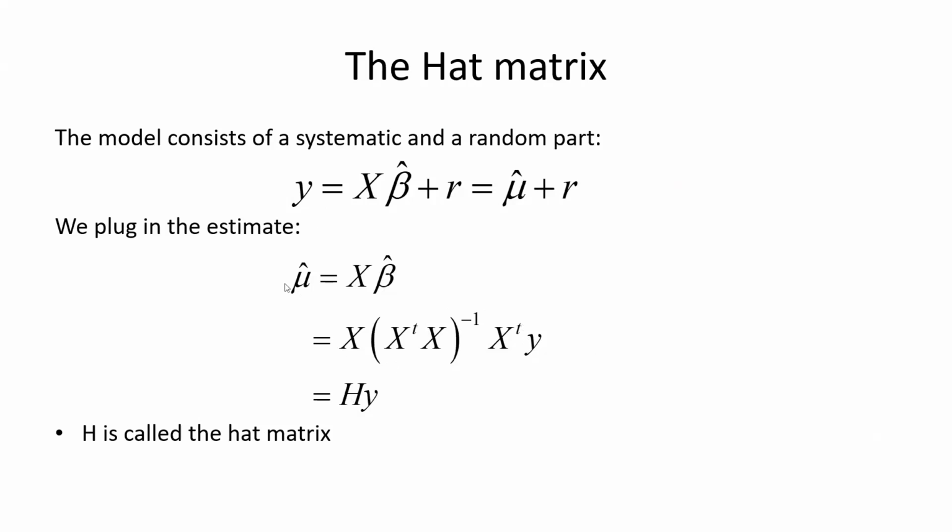So then I can write mu hat as a function of y, where the function is I'm pre-multiplying a matrix called H. We will not be doing an awful lot with this, but if it shows up, it has some nice properties and it shows up often in books. So I wanted to introduce that thought here when you see it so you know where that's coming from. So I have mu hat equals a function of y, and that function is I'm pre-multiplying the hat matrix.